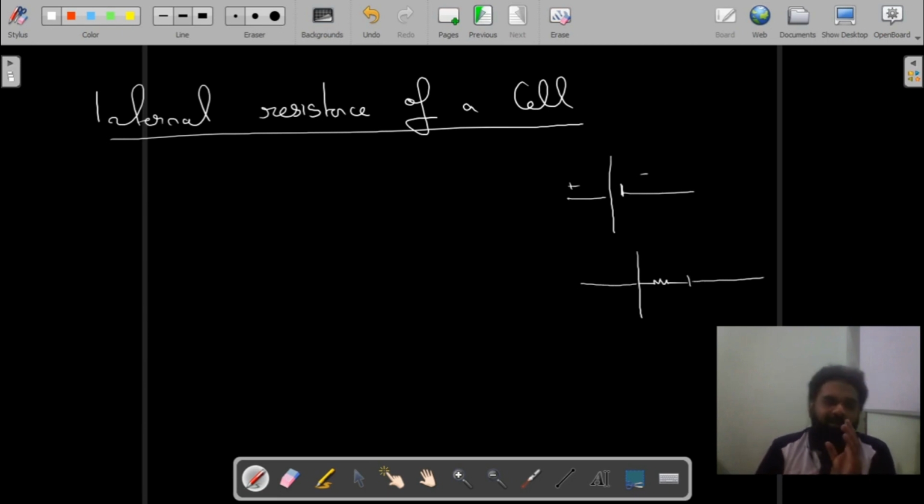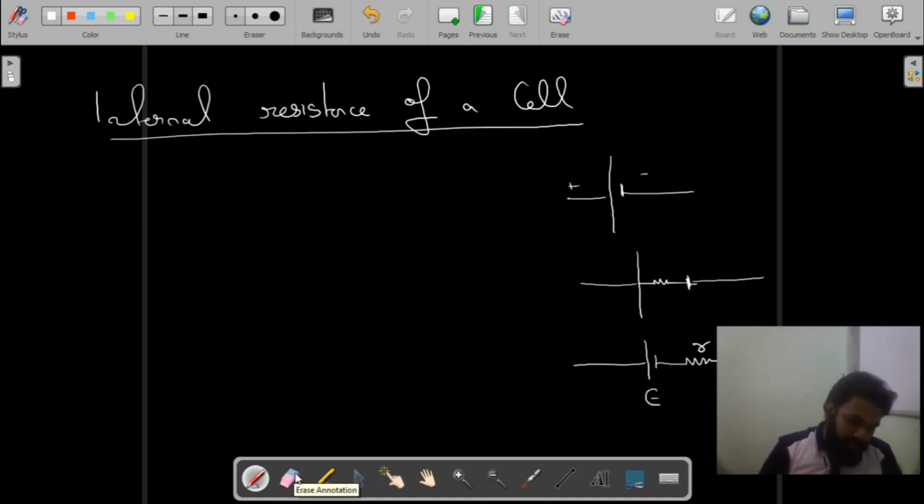Now drawing this resistance inside the cell and marking all this, our predecessors, our ancestors, didn't feel good. So they started drawing the internal resistance just adjacent to the negative terminal, or lower potential, and usually that is denoted as small r.